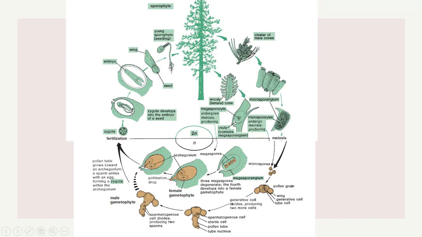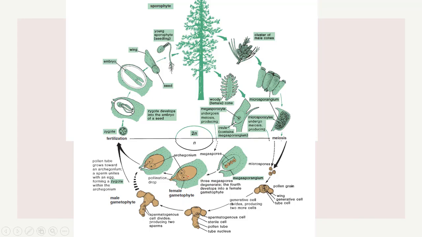From the meiosis there will be four, and of the spores three will degenerate, so only one exists, and this one will develop into what we call the female gametophyte.